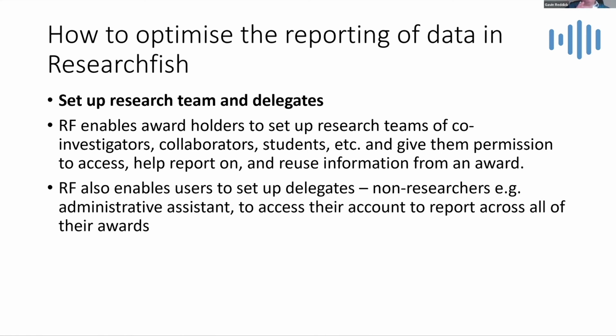And so we can track where they're doing things that it's not you. And they can do pretty much everything that a researcher can do, except give others access to their account. So you can't have a daisy chain of people giving access. So the person who owns the account is the one who always retains control. And they can't sign off a final report and say that something is accurate and complete at this point in time. So that's the teams and delegates function.